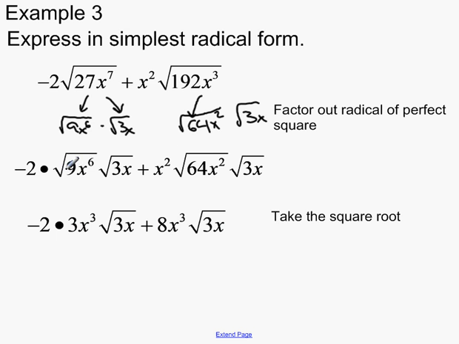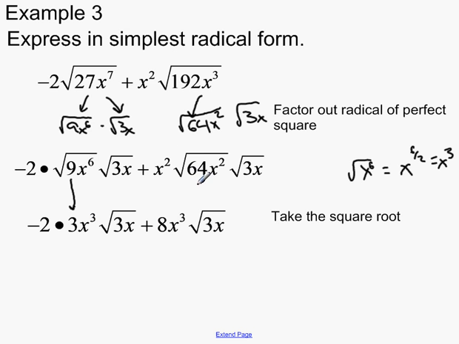So radical 9 is 3. Radical x to the sixth, if you recall, right? Radical x to the sixth is equal to x to the 6 over 2, which is x to the third. So that's how we got the x to the third here. Bring down the radical 3x.